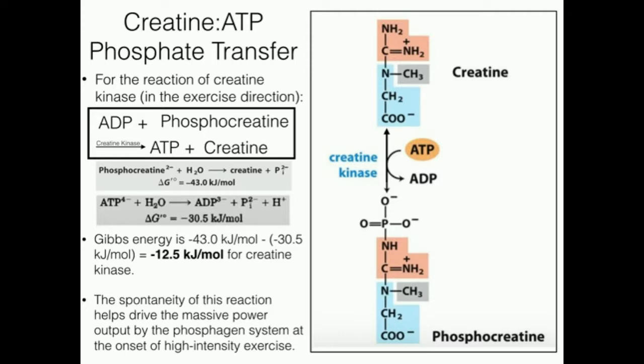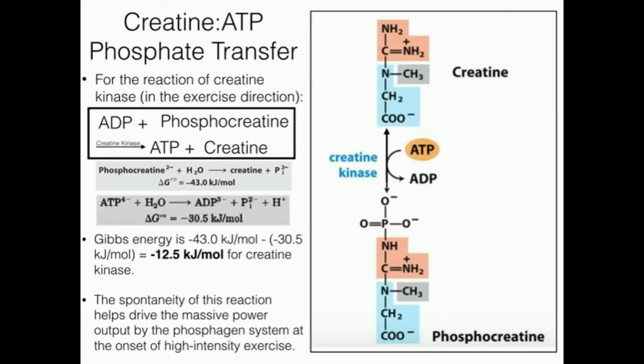But for this slide, let's suppose that we have a lot of phosphocreatine stored up. Well, it turns out that phosphocreatine is a source for a very high power output of energy for the skeletal muscle. So let's look at this.